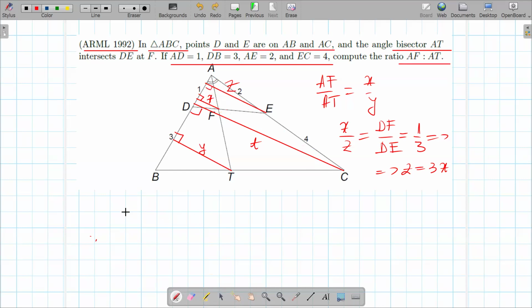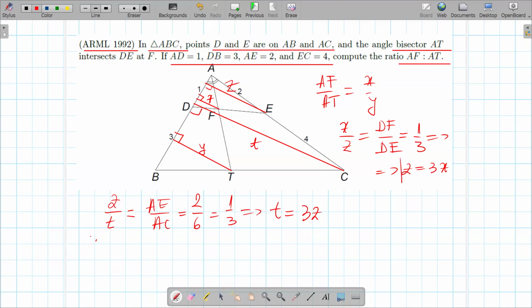So writing the similarity ratio, Z over T is actually equal to AE over AC, no? So AE over AC, or 2 over 6, or 1 over 3, no? So, okay, very interesting as to how we can make progress with these heights on here. So that means that T is actually equal to 3Z, no?